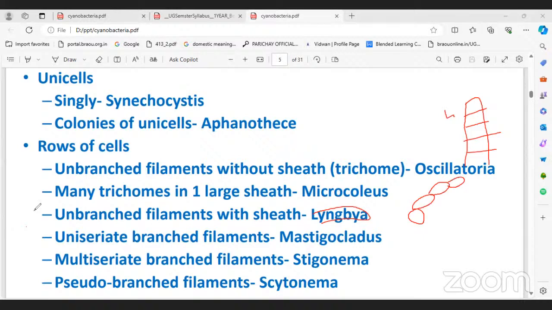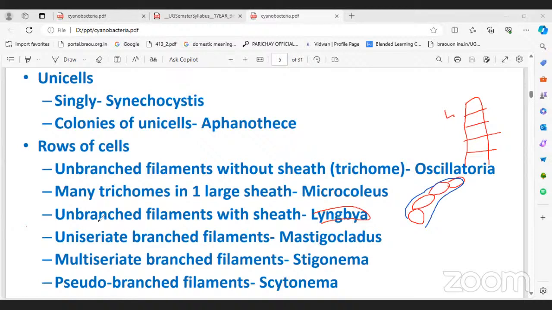In Lyngbya, it is covered by a sheath, blue color, covered by sheath. And these are all uniseriate. What does that mean? One cell arranged above another, uniseriate. And again, the uniseriate branched.